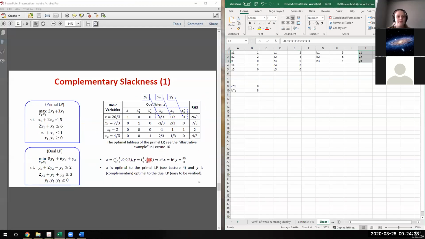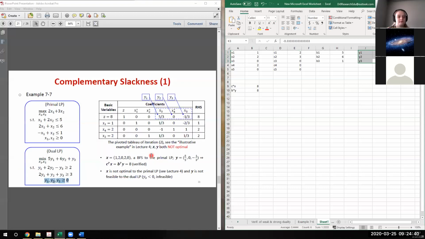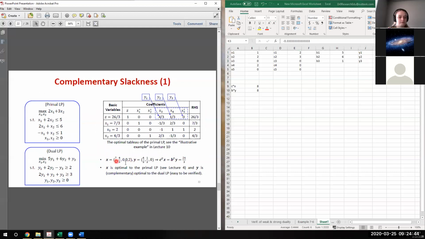Then let's see the second part. If x is optimal, meaning that x indeed equals 7/3, 4/3, 0, 0, 2, correspondingly my y, by definition, is 4/3, 1/3, 0.